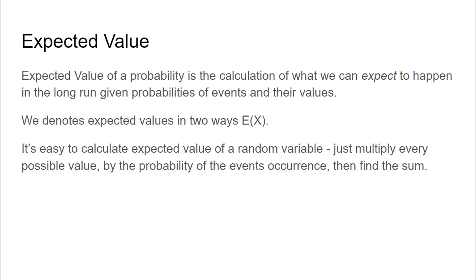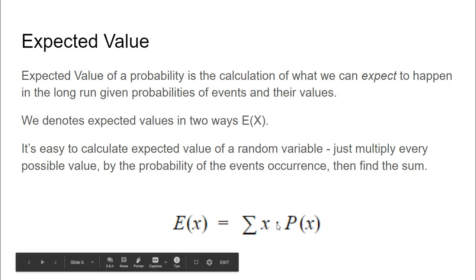You just multiply every possible value by the probability of the event's occurrence, and then you find the sum. We denote that in this equation, E(X) equals the sum of x times P(x), which is the value of the event times its probability, and then we add them all up.